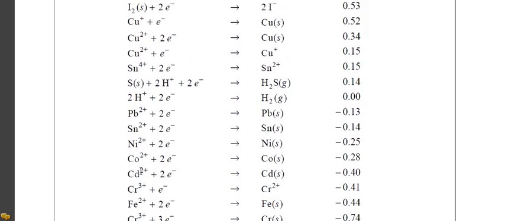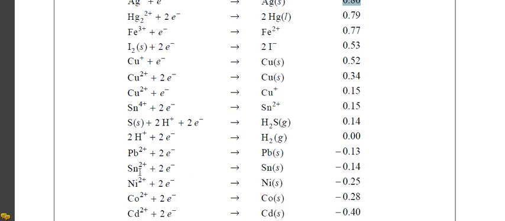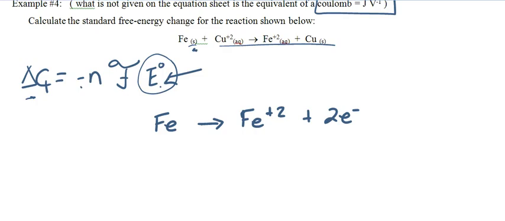Where are you, iron? Did I pass you? Sorry guys, I can't find it. Here we go. So iron +2, when it's reduced, is a negative 0.44. In this example, it's oxidized, so it has a positive. Again, switch the sign if the equation is spun around. So we have a positive voltage so far.